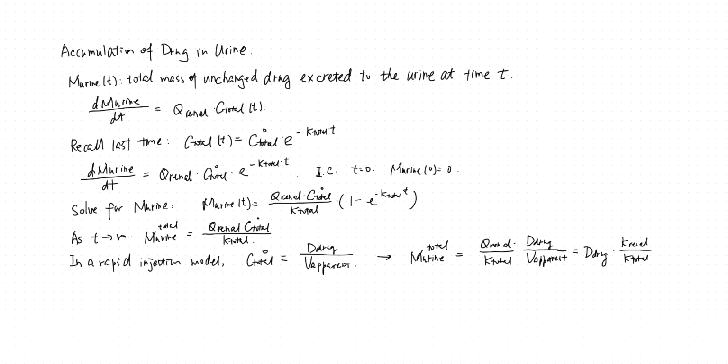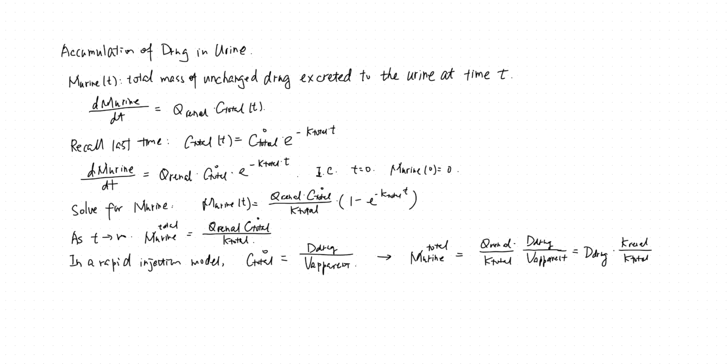Now after we write it in this way, you can see it's very suggestive and also makes sense for this total urine accumulation. This expression shows that the total amount of drug recovered unchanged in the urine equals the dose multiplied by the fraction of total elimination attributed to the renal pathway. If you recall, K total is a bunch of K added together: K renal plus K metabolism plus K sweat plus whatever.